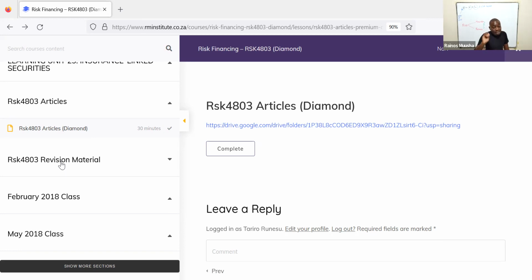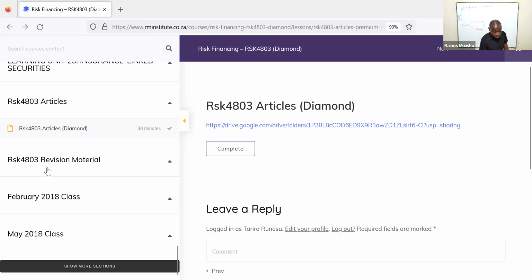If you click on revision material, it will give you a link to the Google Drive where you're able to access the question papers, the memos to the question papers, the past assignments and also the memos to the past assignments.